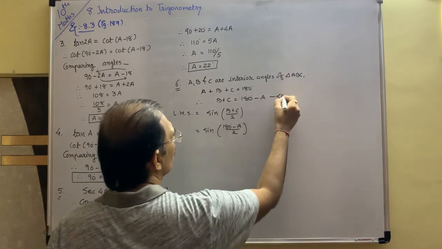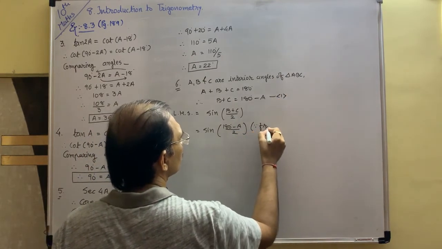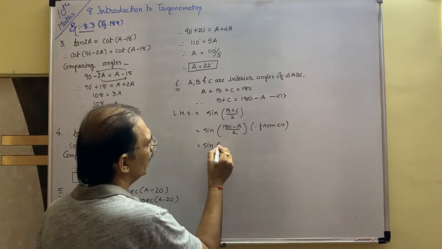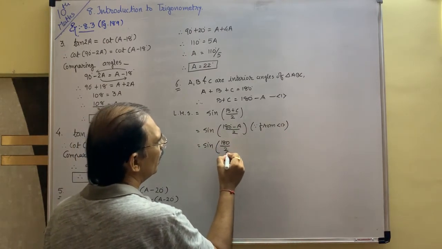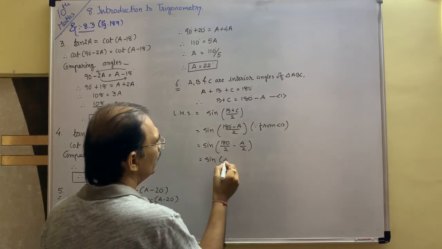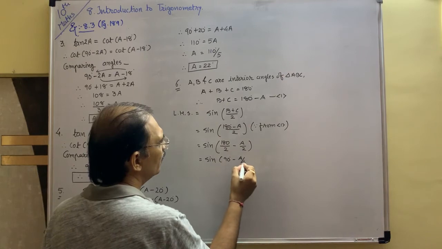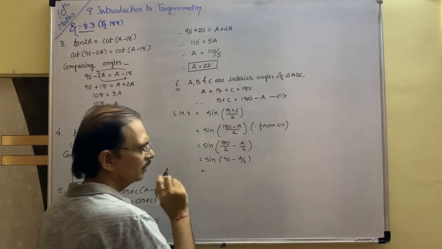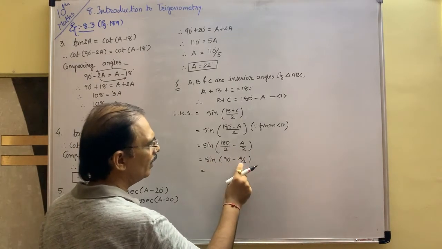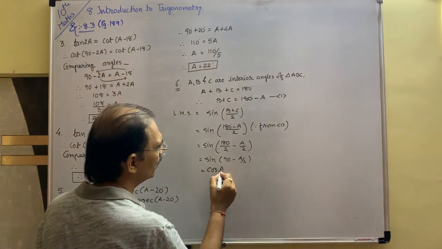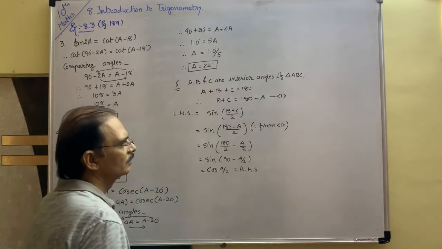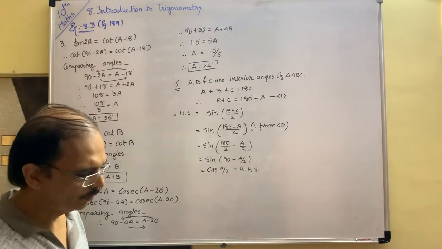Call it result number 1. Now split this: sin(180 divided by 2 minus A divided by 2). 180 divided by 2 is 90, minus A divided by 2. This is sin(90 minus theta), call it theta. Sin(90 minus theta) is cos theta, and theta is A upon 2. This is your RHS. So in this way you can prove it.